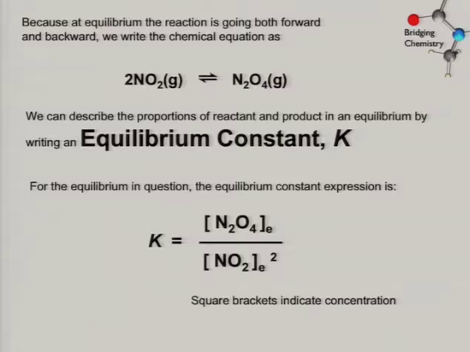So if there's a stoichiometric coefficient in front of one of the species, that turns into an exponent in the equilibrium constant expression. Right? So there's nothing here, so there's nothing here, but here there's a 2, and so this concentration here becomes squared when we're working out the value of the K.